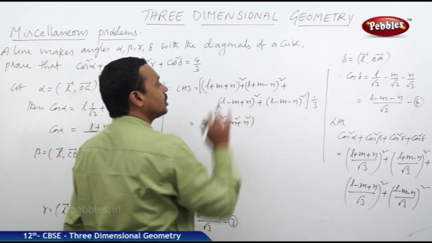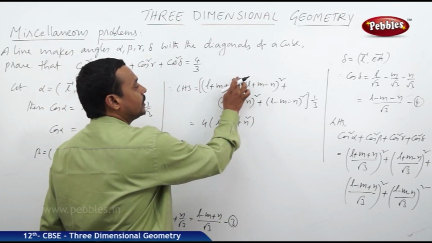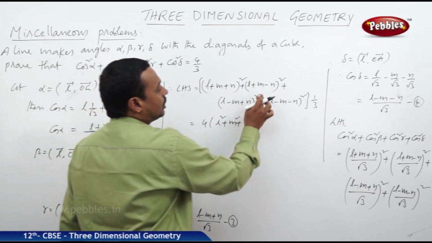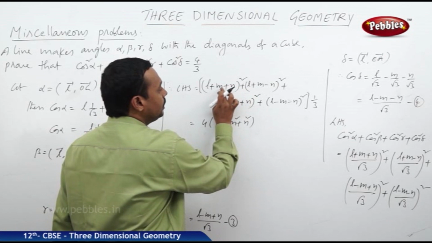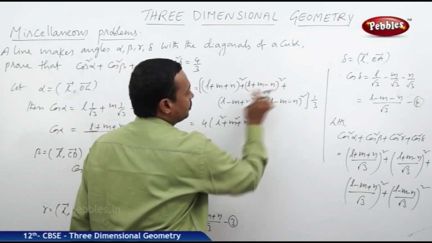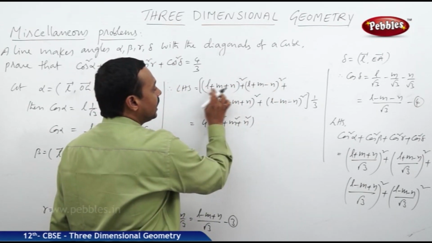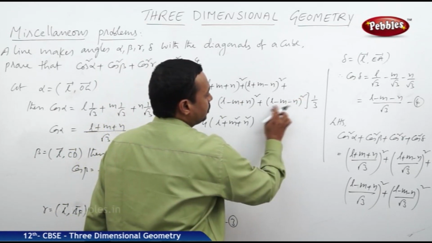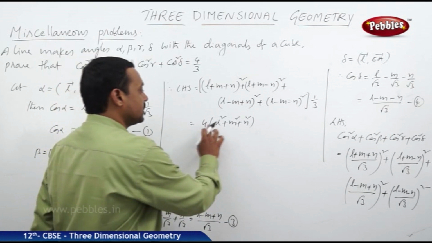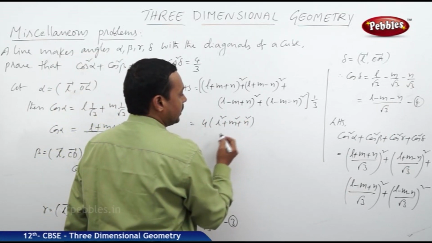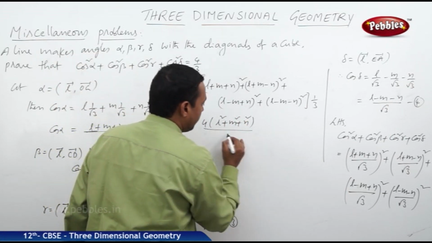The remaining terms all cancel. Here we get 2 into lm, now that is cancelled with minus 2 into lm here. And 2 into mn cancels with minus 2 into mn here. 2 into ln is cancelled with minus 2 into ln. So all the remaining terms are cancelled except 4 times l square plus m square plus n square, by 3.